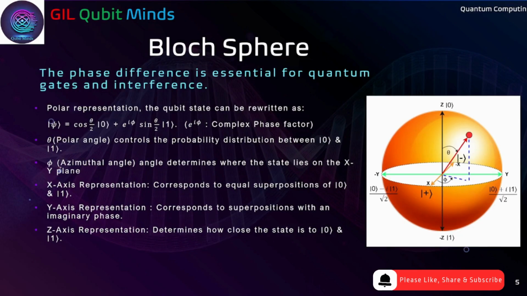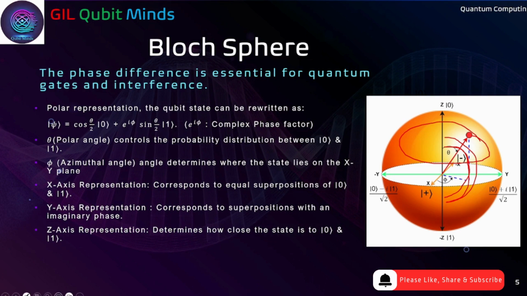And there is an azimuthal angle, this is phi. This denotes how it will rotate in the xy plane, and theta represents how much probability, what is the chance it will be 0 or what is the chance it will be 1.